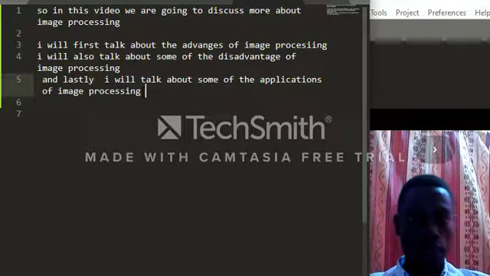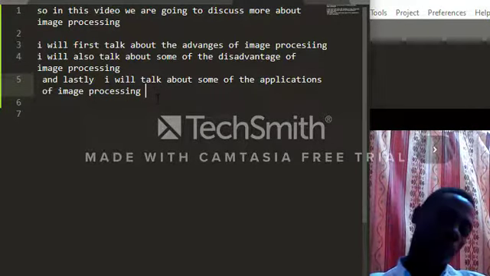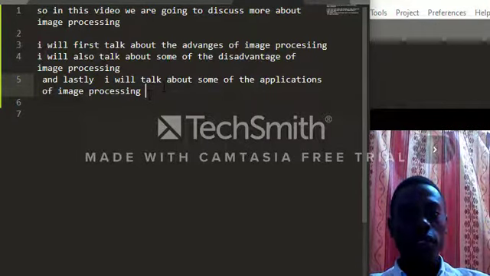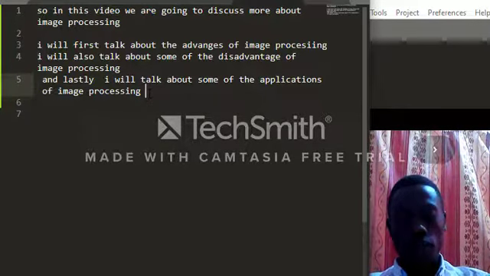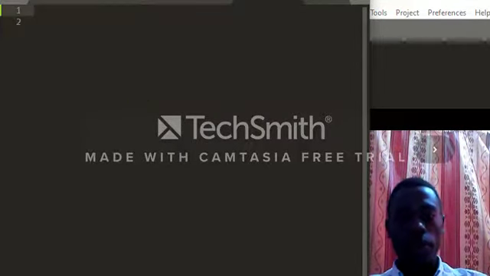So in this last part, we are going to discuss different areas or sectors where image processing, as the emerging trend, can be used. So let's begin with the advantages.